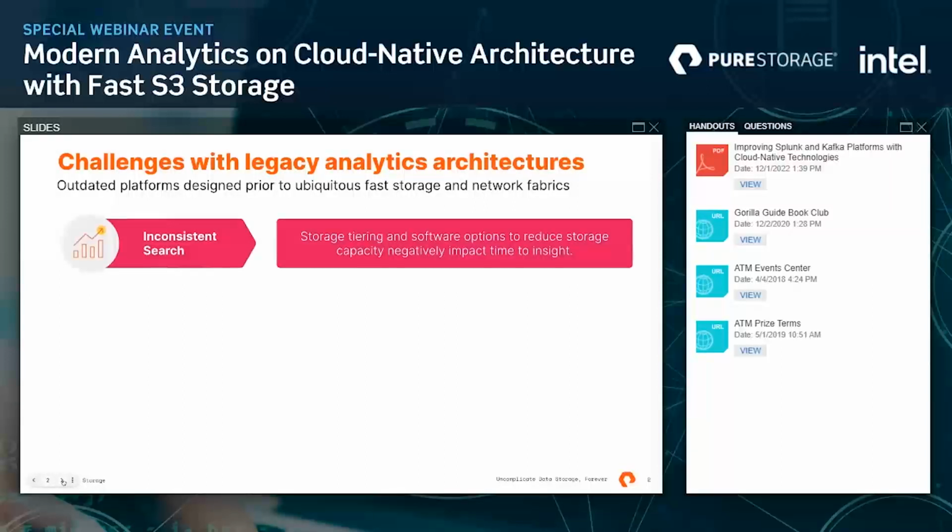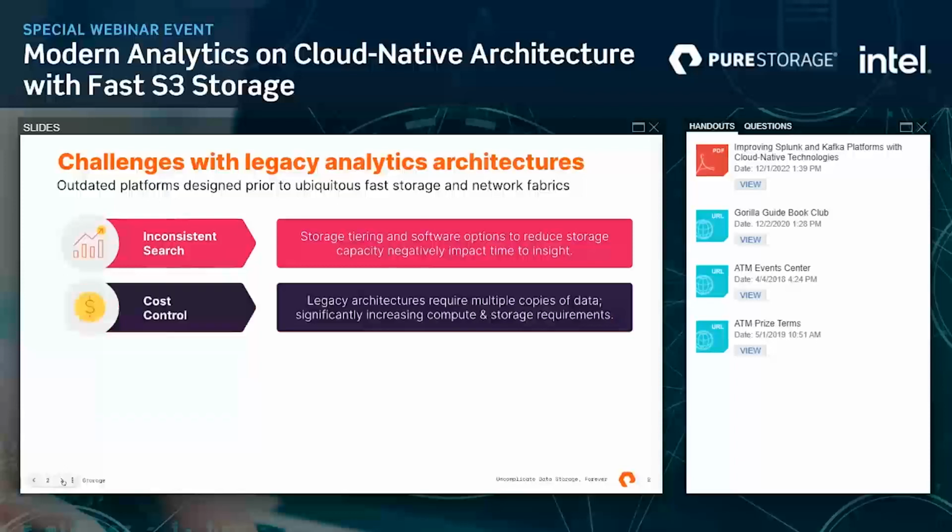Many find it difficult to meet the demands of the business with ever-increasing data volumes and a desire for faster insights. Inconsistent search is often brought about by a requirement to store tier storage or software options to reduce the capacity, both of which tend to affect the performance, and time to insight matters.